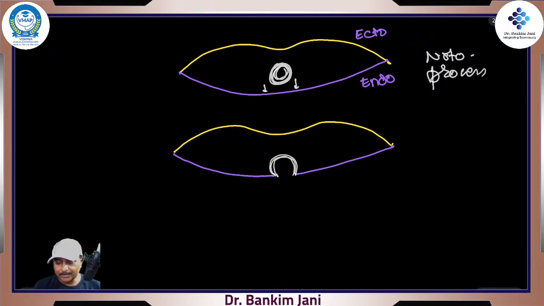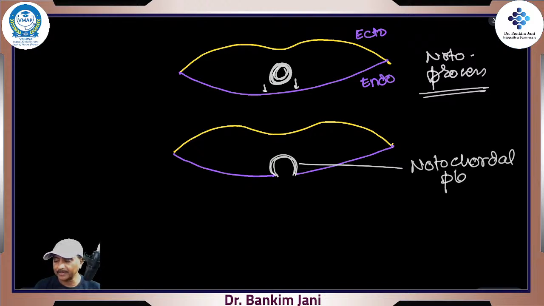Till this point it was called the notochordal process. Now this is called the notochordal plate. So it came down all the way, and this is how it is formed.